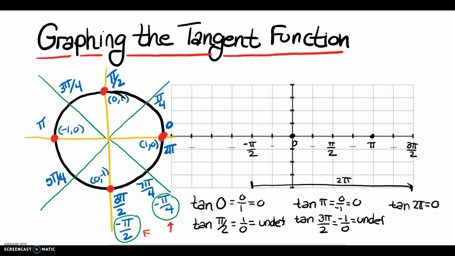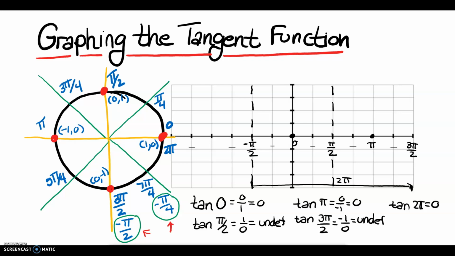Well, when we plug in an x value and we get something that's undefined, we call that an asymptote because we're not allowed to plug that value in. That value for x is not in our domain.